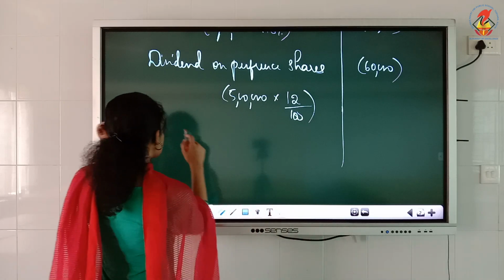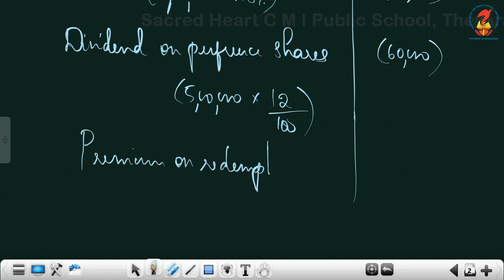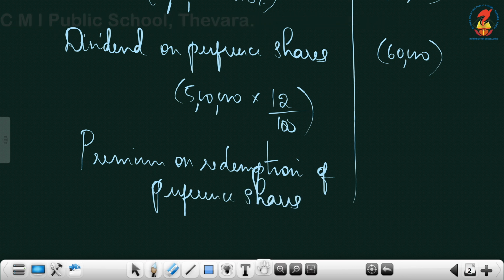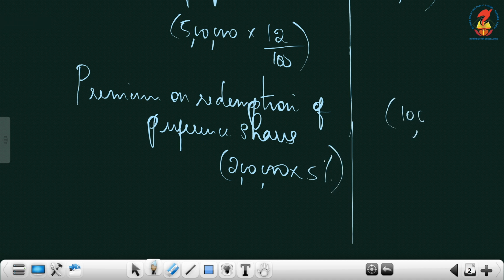So we can write like this: premium on redemption of preference shares will compute on the redeemed value 2 lakhs. Neither on the opening nor on the closing you have to compute on the redeemed value, because this is premium on redemption, and which we will write as a negative item minus 10,000.